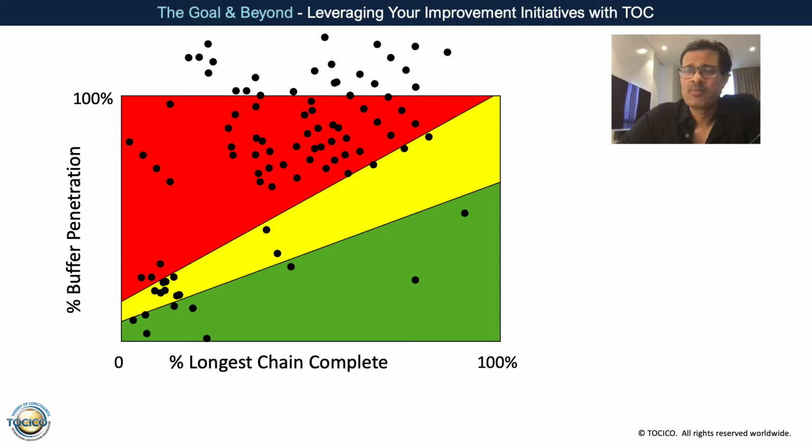When they open up the portfolio chart after, let's say, 1 year of implementation, they won't be surprised to see a portfolio chart where almost every project is in red. It's not just in red, but if you extend the y-axis to include 150% buffer penetration, you would see many projects out there. It is not a rare thing to see after 1 or 2 years of implementation.